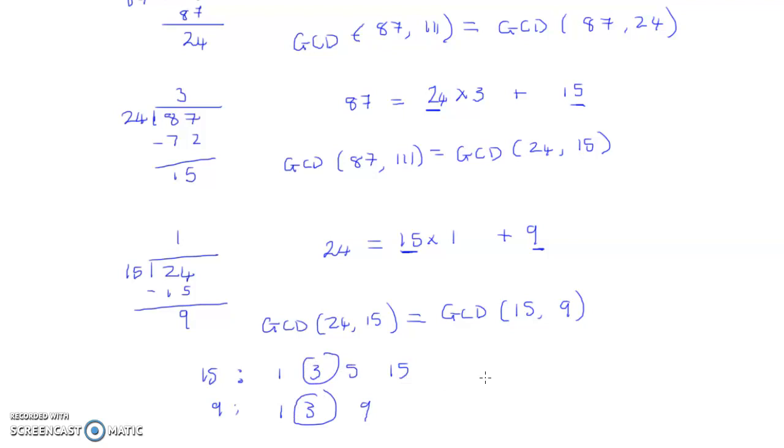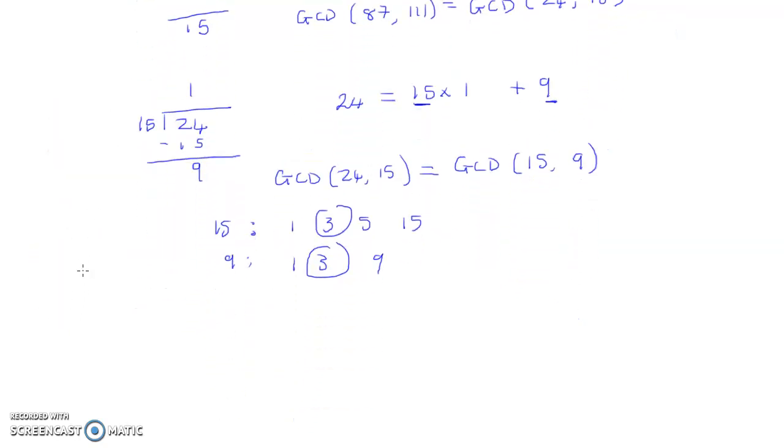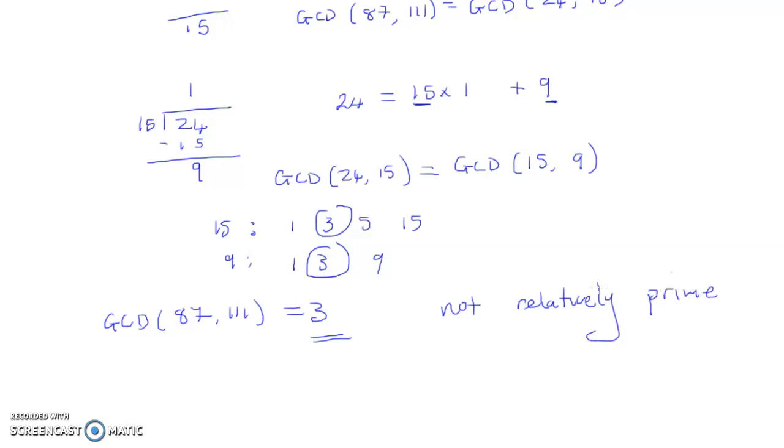So we go back to our original numbers, 111 and 87, and I can now say that the greatest common divisor of 87 and 111 is 3. Now that means they're not relatively prime, so there is no multiplicative inverse for 87 in Z111.